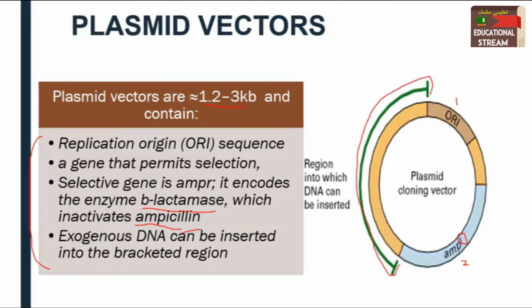This is the region in which the exogenous DNA or your DNA of interest can be inserted, and this plasmid does not contain extra non-essential DNA regions. So these are the main properties of the plasmid vectors that we will also discuss in detail shortly.